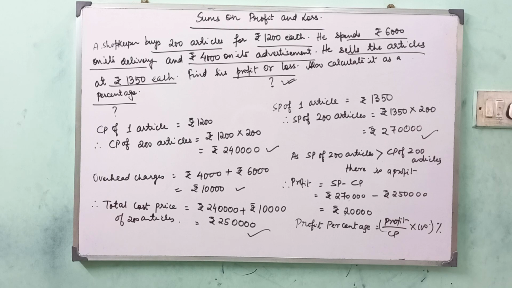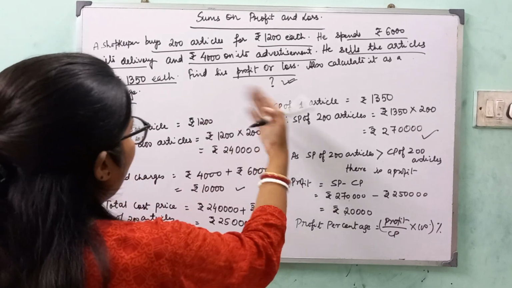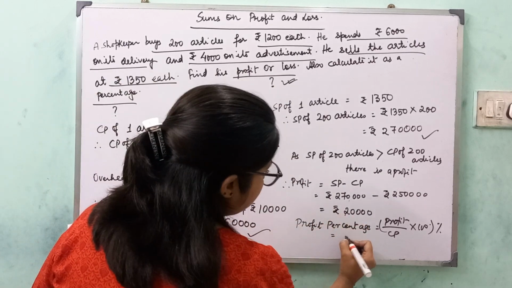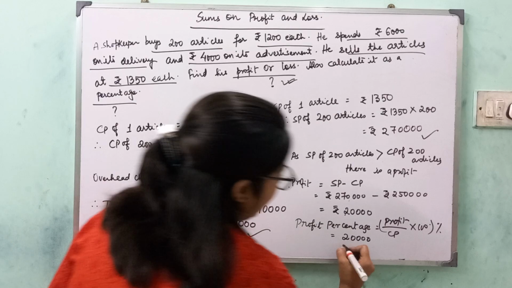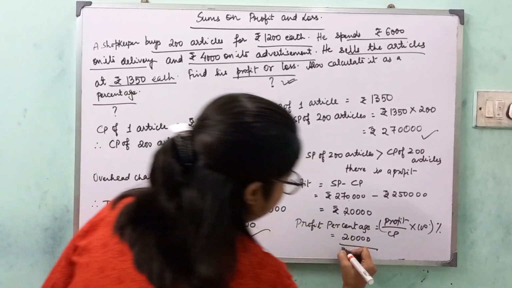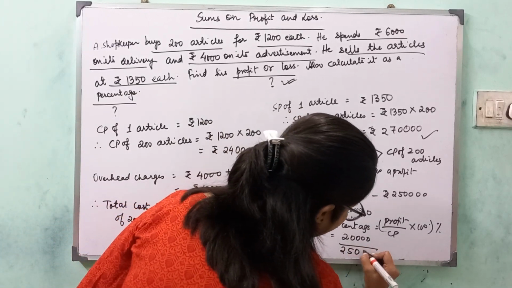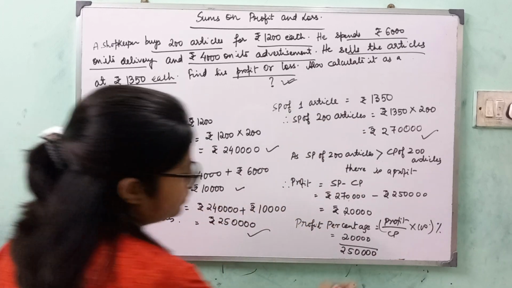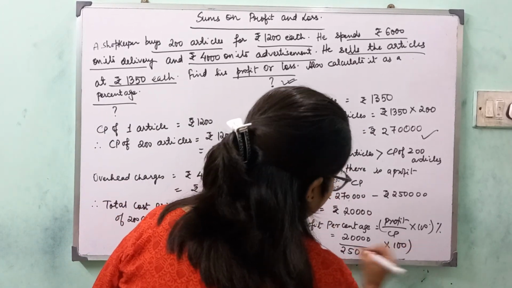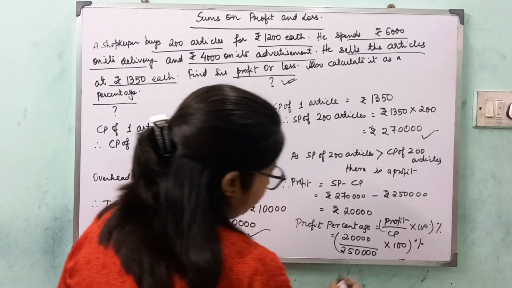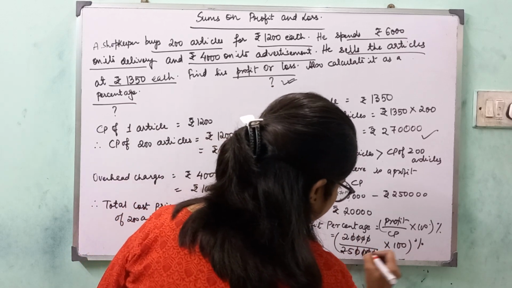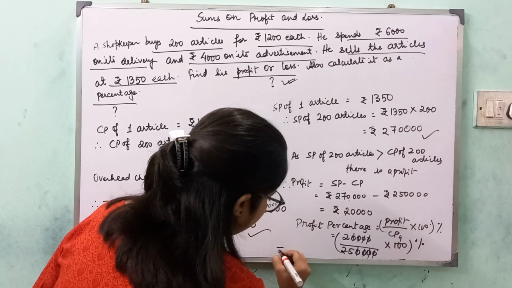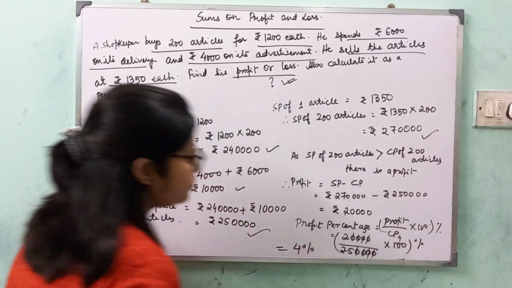So profit of the shopkeeper on 200 articles is rupees 20,000 on 2,50,000 into 100 and percentage. Now we are going to simplify.